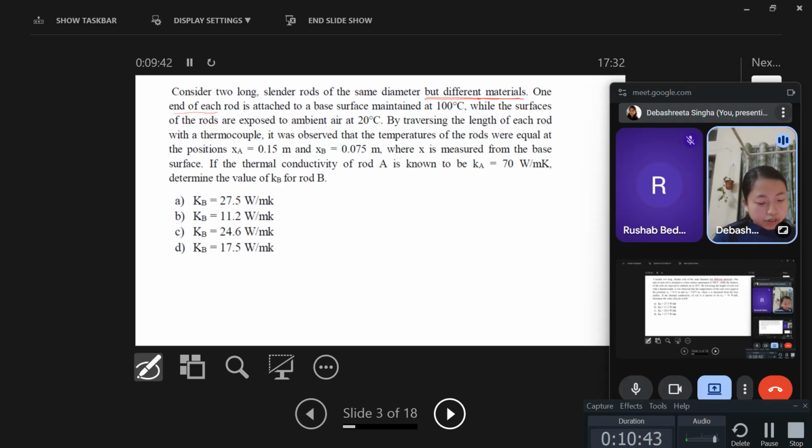Then one end of each rod is attached to a base surface maintained at 100 degrees Celsius. So if this is the base surface, and there are two rods, I think I should draw it.